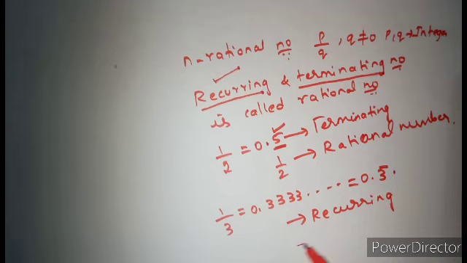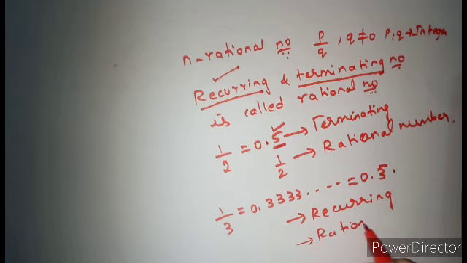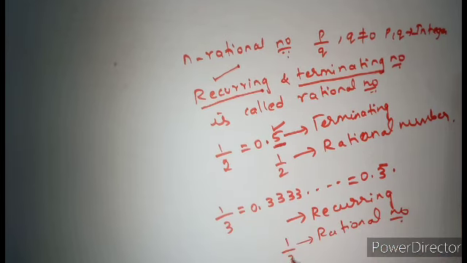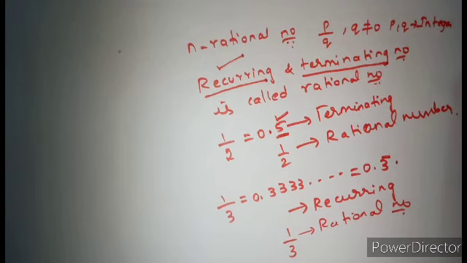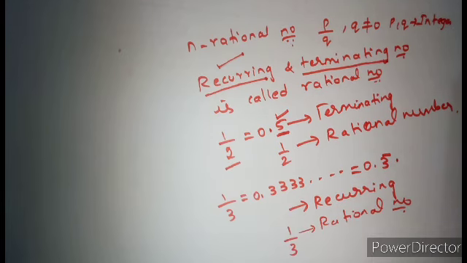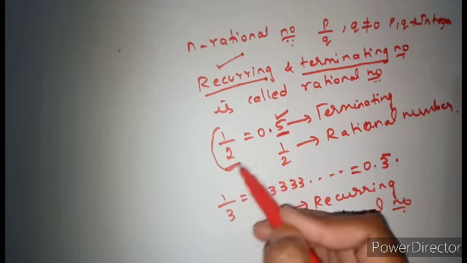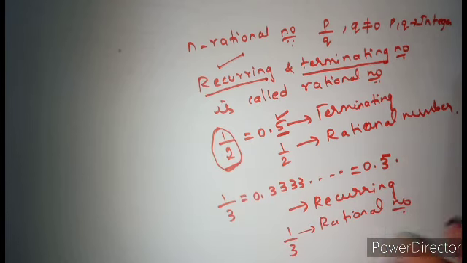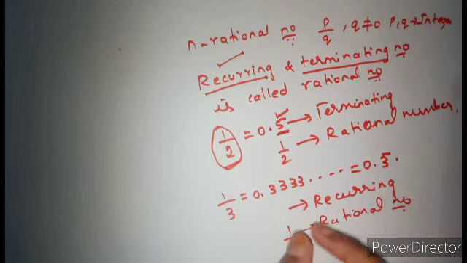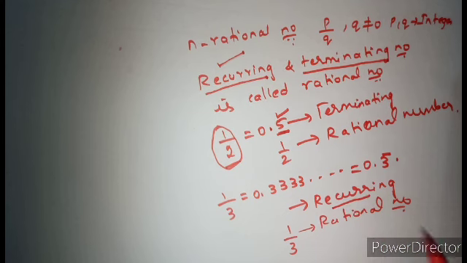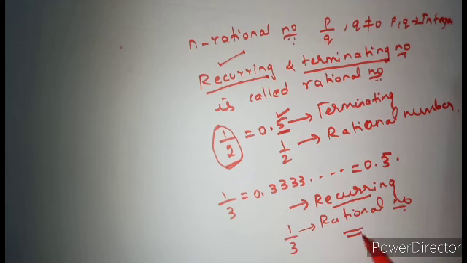So this is a rational number. 1 by 3 is a rational number. It should satisfy either of the properties: either it should be recurring or it should be terminating.